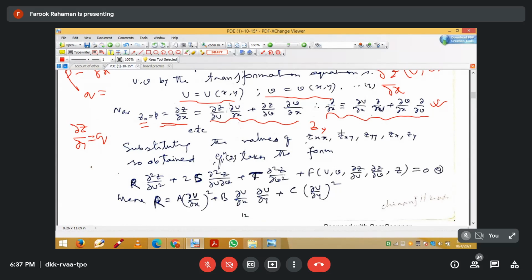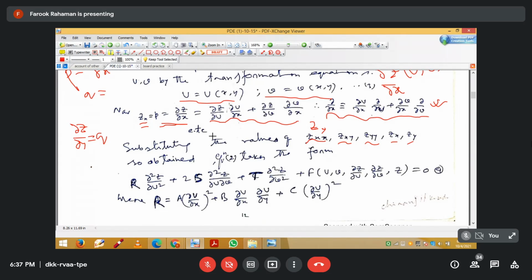That is del z del y. After finding this, one can easily find the other terms, z_xx, the mixed derivative z_xy, and the double derivative with respect to y, z_yy, and z_x we have already found, z_y we have already found.